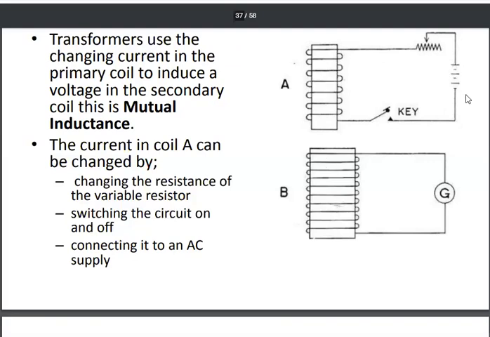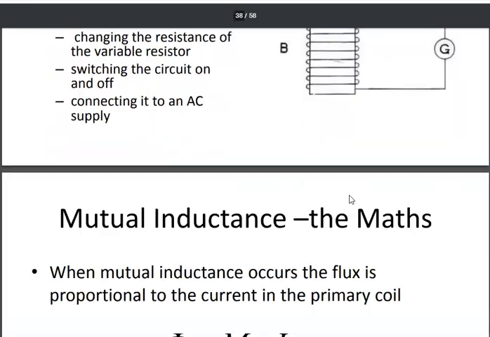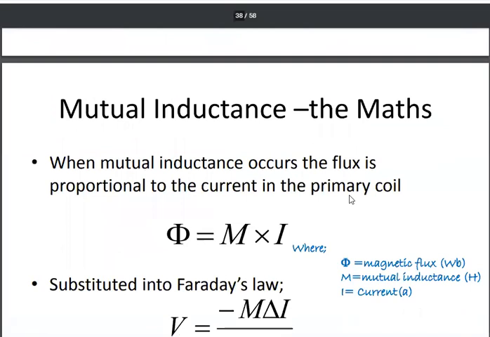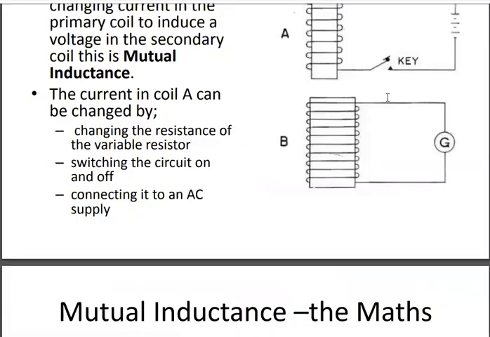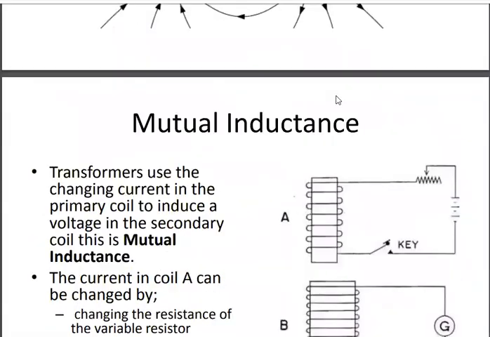Now we replace this DC supply by an AC supply. You know that an AC supply is continuously changing on its own in direction and magnitude. So it will keep on changing magnetic flux, and hence there will be mutual induction. So here you see mutual inductance, just like inductance and mutual inductance.